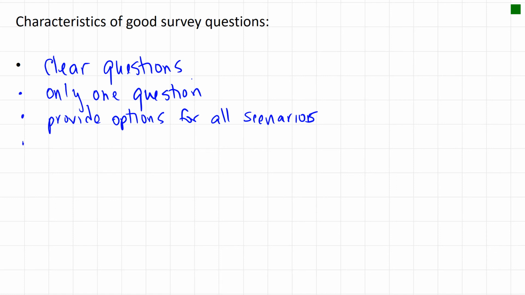And they should be easy to measure the results. So sometimes these open-ended questions are not so easy to measure the results in, and that would make it hard to use the survey.